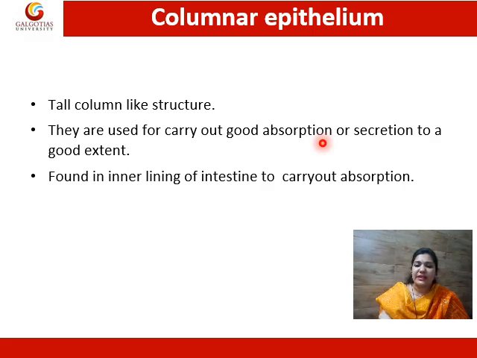They can easily absorb the secretion to a good extent because of their broad area. They are found in the inner lining of the intestine to carry out absorption. As absorption happens in the intestine, they are found in large numbers in the inner lining of the intestine.